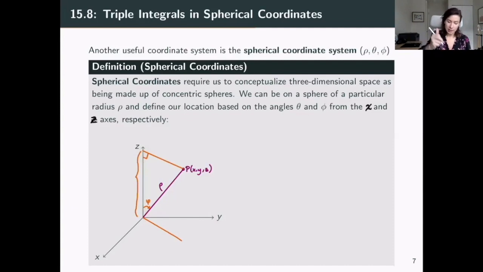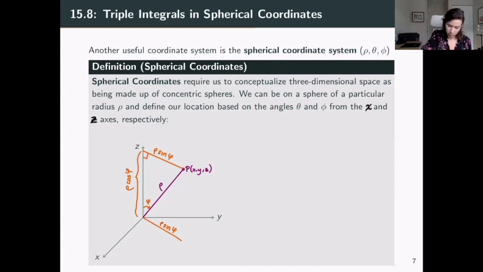In this case, we're going to have that this is going to be rho cos of phi. And we're going to have that our length up here is going to be rho sine of phi. We can then see that this distance down here is going to be, again, rho sine of phi. I'm essentially setting up a box.